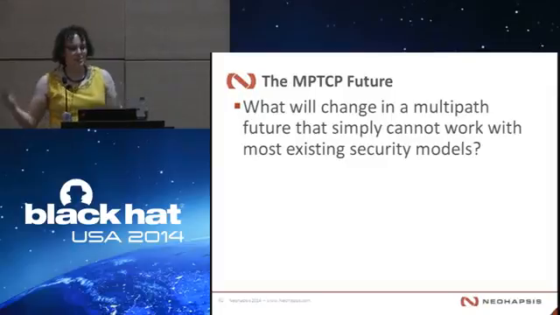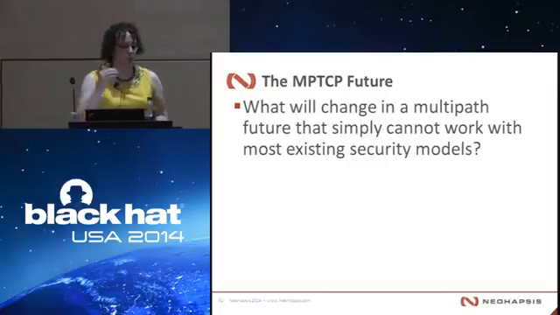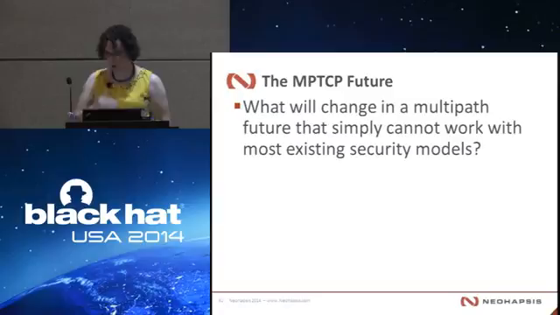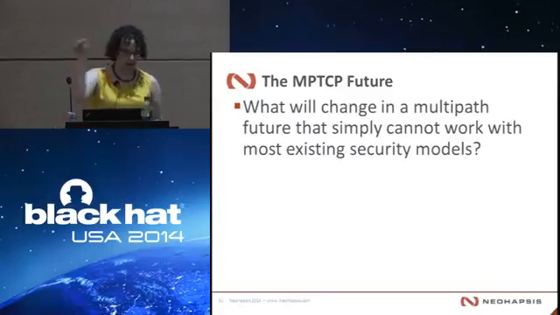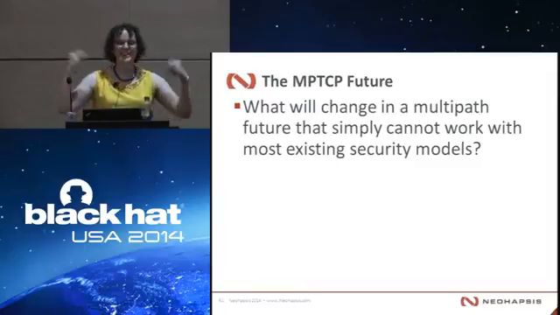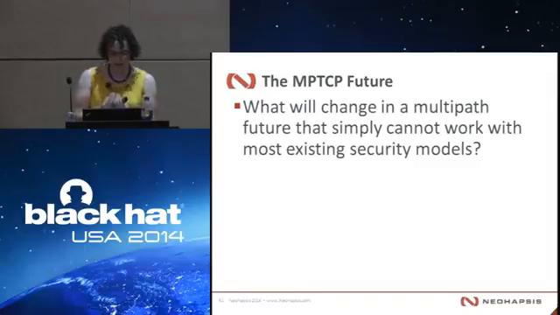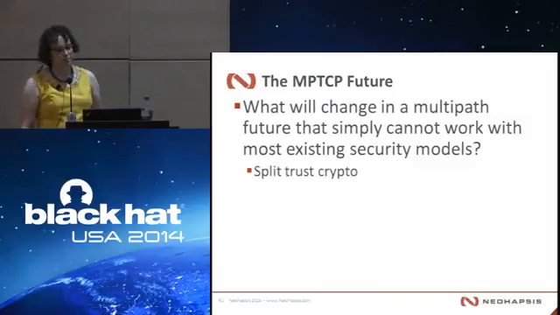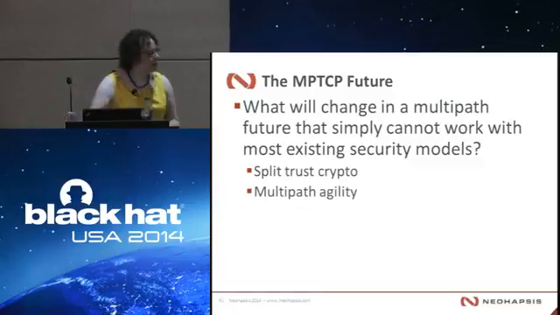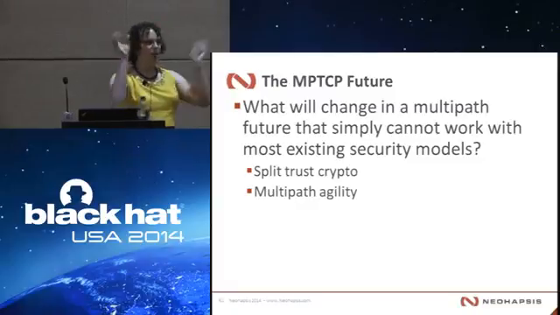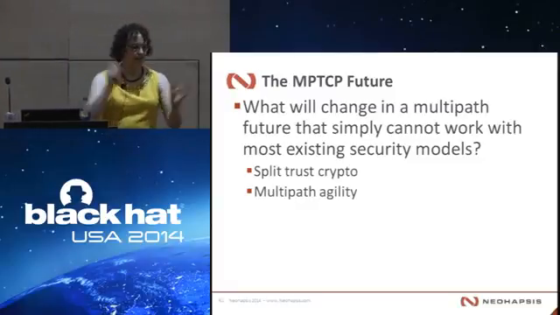So there are things that our existing security models will not deal with, no matter what we write into our tools. If you're trying to monitor individual paths, even if they're collaborating about the flows, if you're not collaborating to reassemble that data, it's still not going to work. However, if you do things like split trust cryptography, or multipath agility: split trust cryptography is sending part of your ciphertext or part of your IV down different paths.